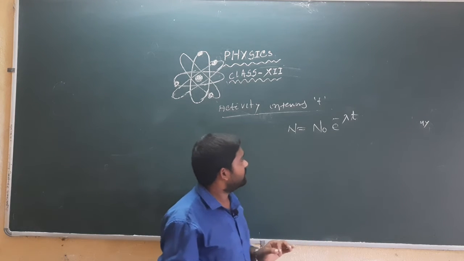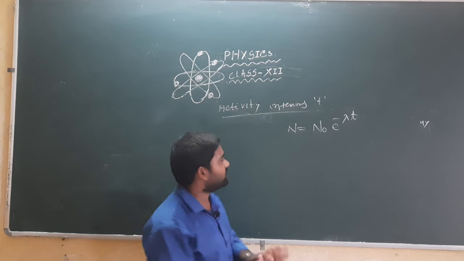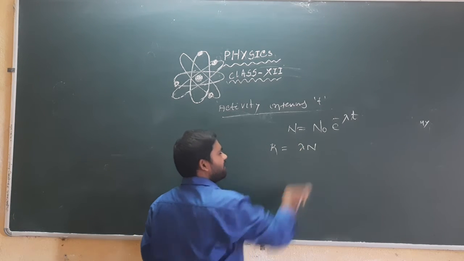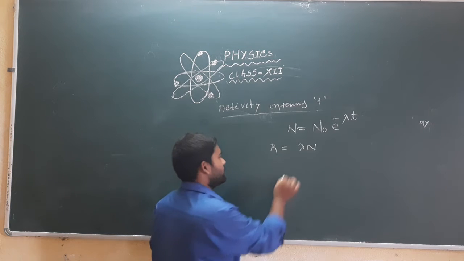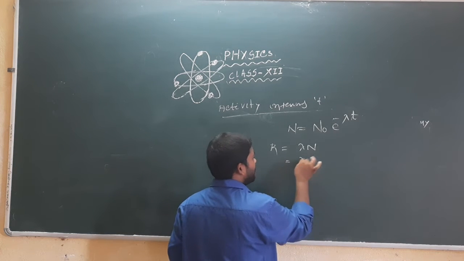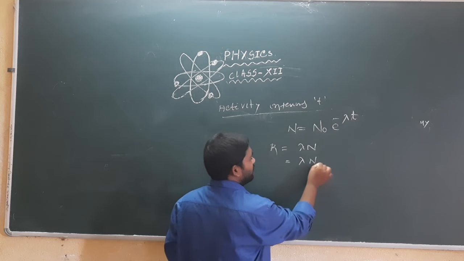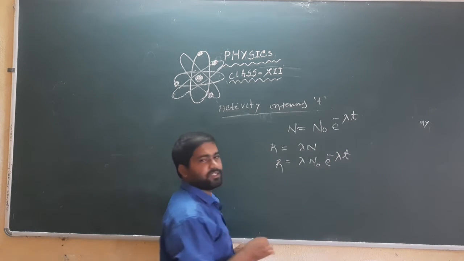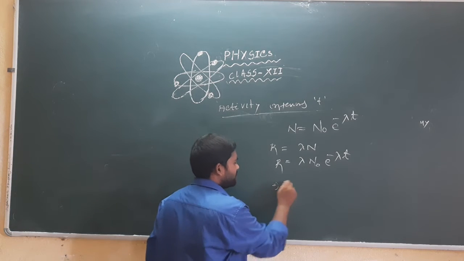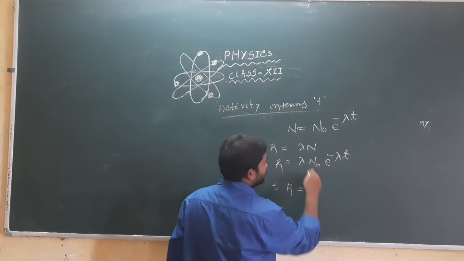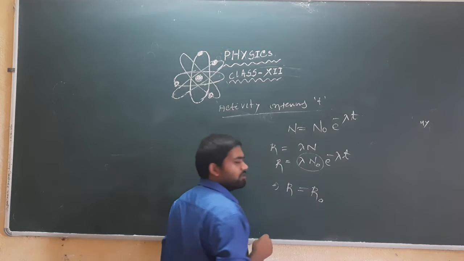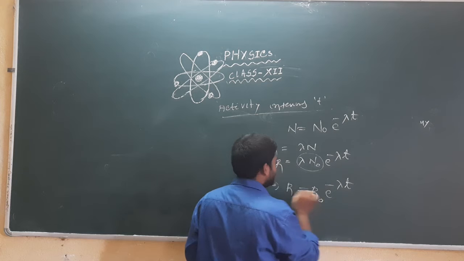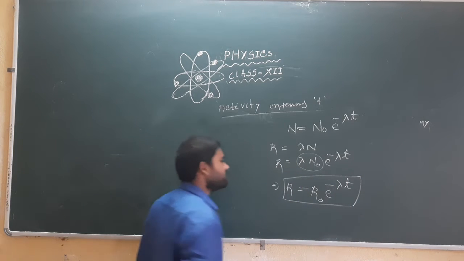Since R equals lambda N, substituting N gives R equals lambda N naught e to the power minus lambda t. Taking lambda N naught as the initial activity R naught, R equals R naught e to the power minus lambda t.